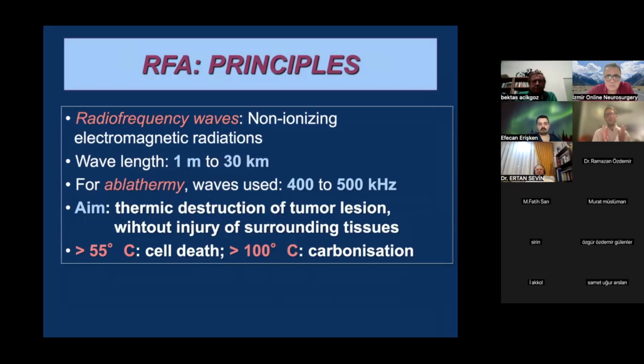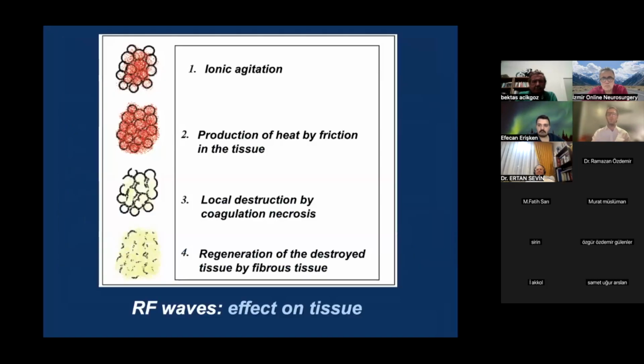The target temperature is more than 55 degrees Celsius to obtain cell death, but we don't want to reach a temperature over 100 degrees Celsius, because otherwise you will have carbonization, which will damage the surrounding tissue.